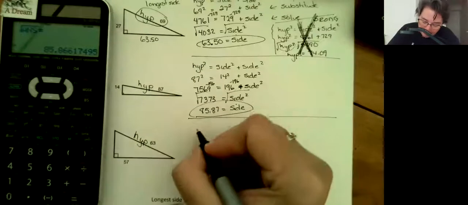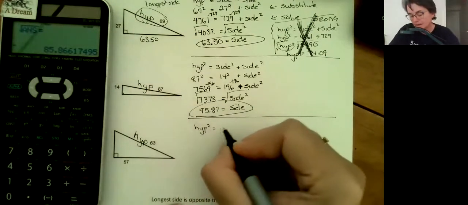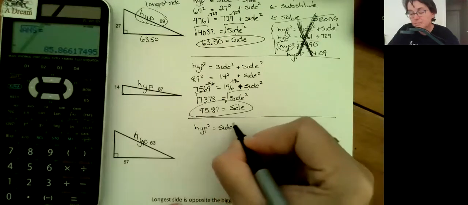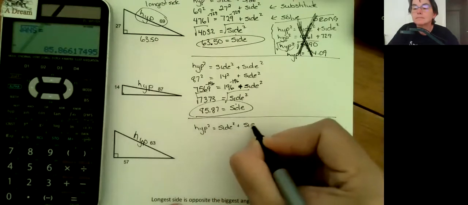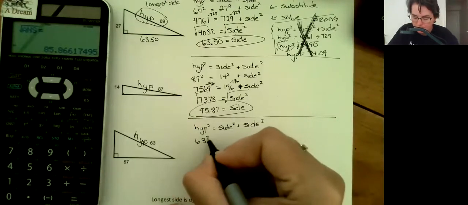Okay, last one. Hypotenuse squared. So 63 squared.